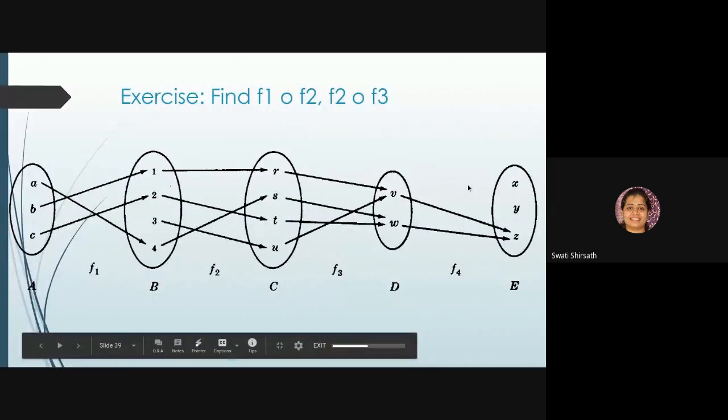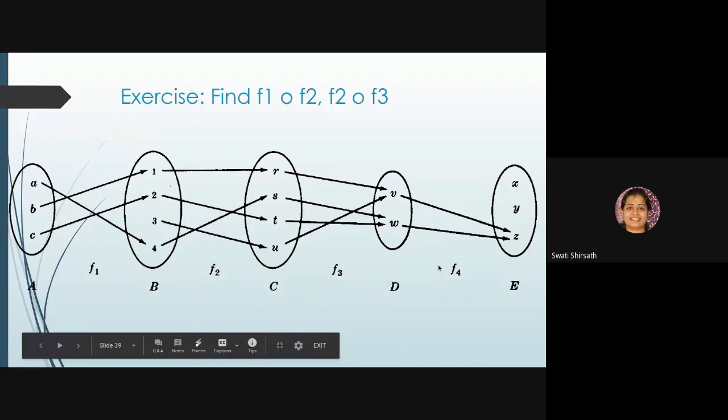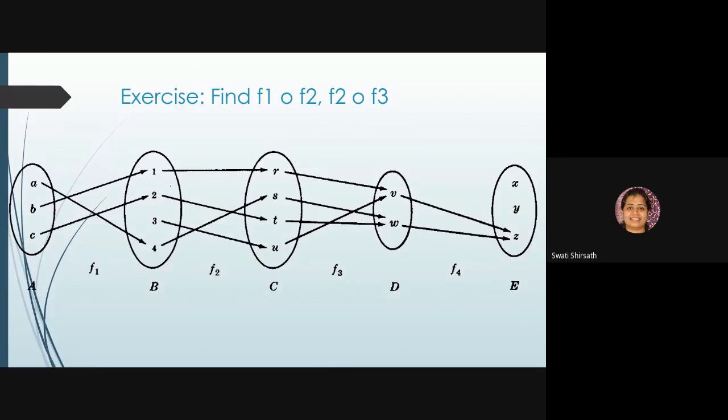So, next. Find out f1 of f2 and f2 of f3. Is it possible? Ma'am, can you repeat?